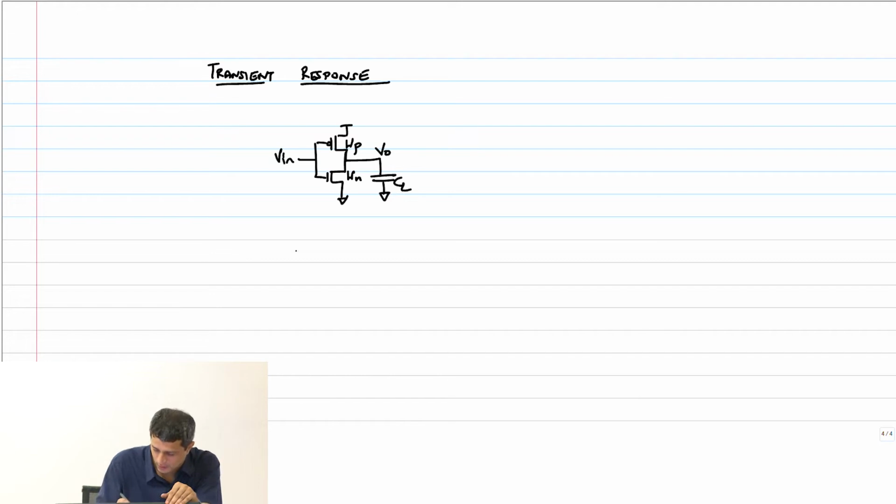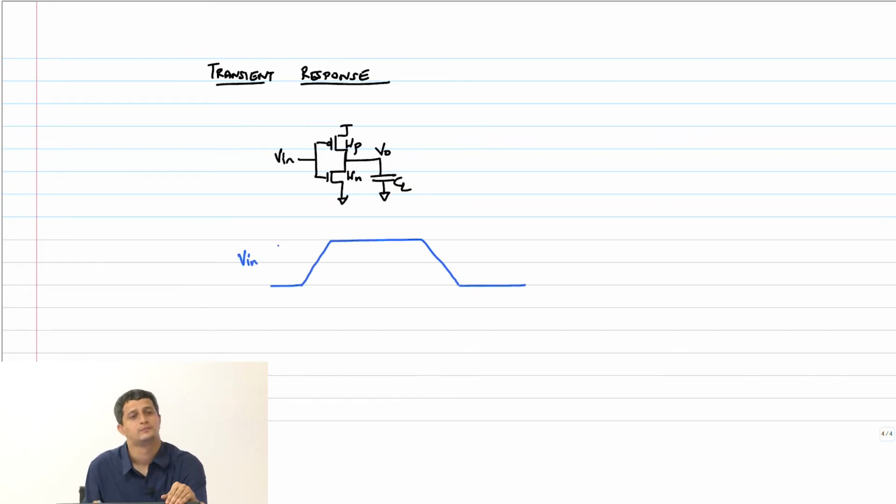Let's look at the real case. If V in is 0, what is V out?